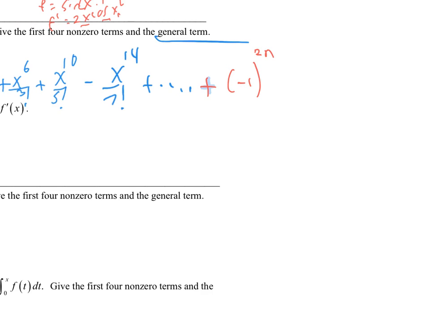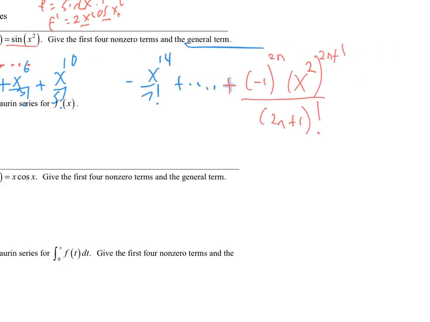X to the 2n plus 1. It's not x anymore, it's x squared, raised to the 2n plus 1, over 2n plus 1 factorial. Whoop, what happened here?